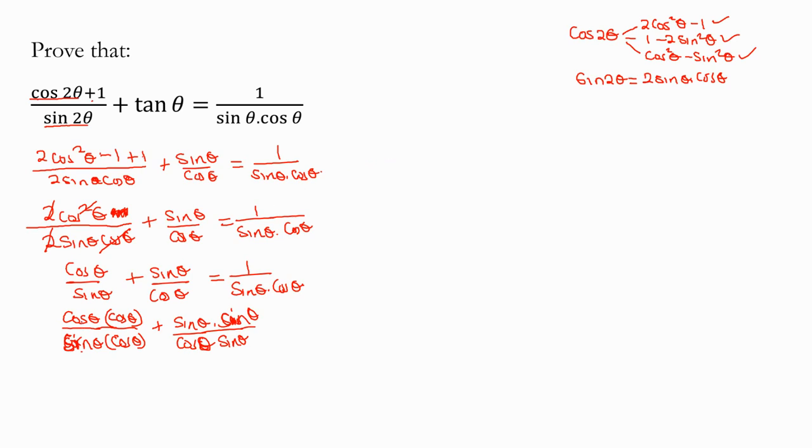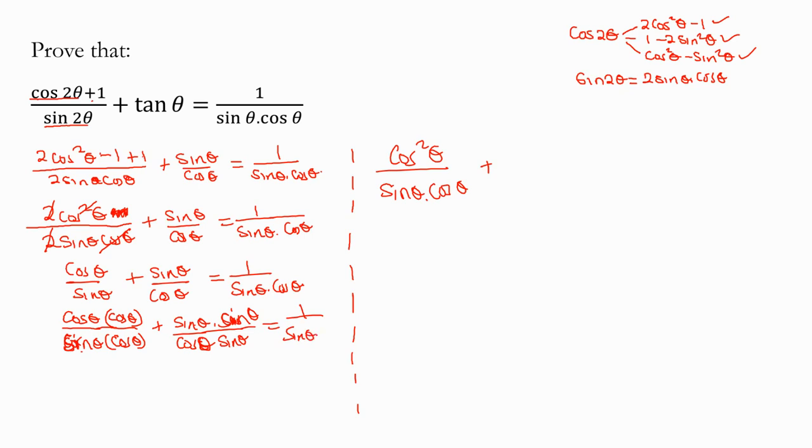And then let's come this side. We can say cos theta times cos theta, that is cos squared theta over sine theta cos theta, and then plus here sine theta times sine theta is sine squared theta over sine theta cos theta. Oh, I forgot to write the right hand side here.